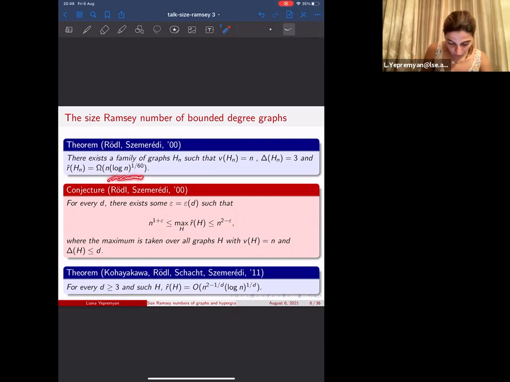So basically, they are saying that this polylogarithmic error term actually can be improved. It can be improved up to n to the epsilon.